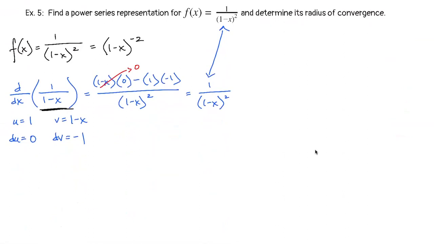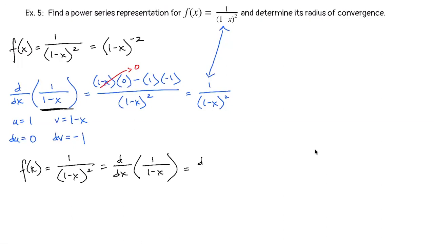We've got our original function. Let's go back to the original function, and that's 1 over (1 minus x) squared. Now, based off of the work we did in the blue, we know that's the same as the derivative of 1 over 1 minus x, okay? And so that means it's the derivative of my power series representation, the sum from 0 to infinity of x to the n, okay?